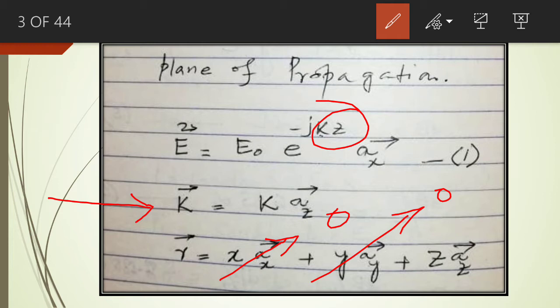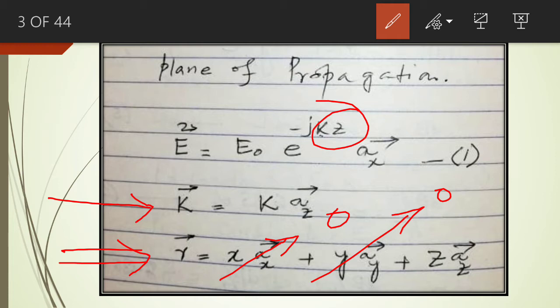The unit vector az gives you the direction of the propagation of the light wave. And then we consider a three-dimensional distance vector that is represented by r. This is a three-dimensional vector. This three-dimensional distance vector has three components. x ax is the component along x-axis, y ay is the component along y-axis, and z az is the component along z-axis.